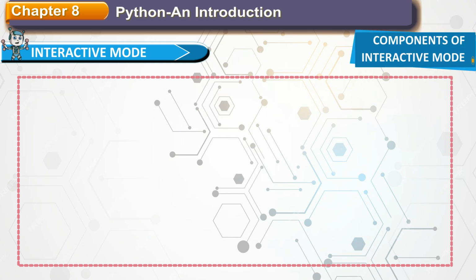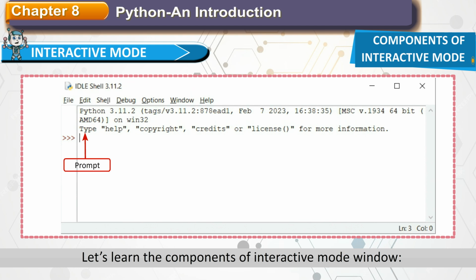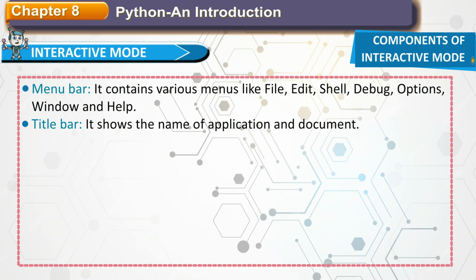Components of interactive mode. Let's learn the components of the interactive mode window: title bar, menu bar, prompt, status bar. Menu bar. It contains various menus like File, Edit, Shell, Debug, Options, Window, and Help. Title bar.